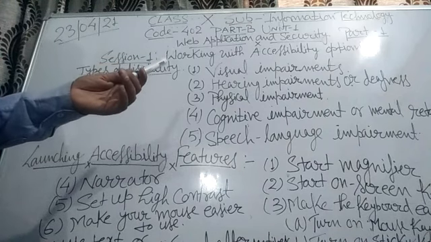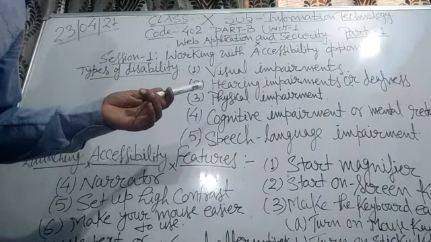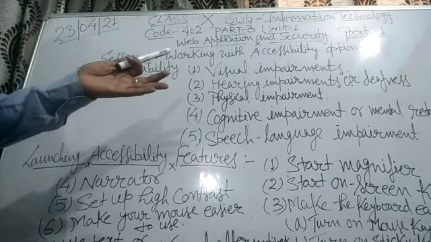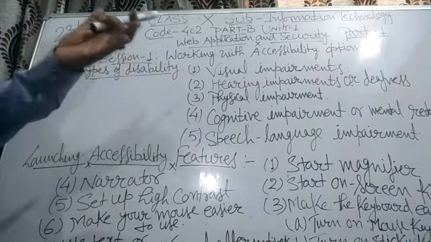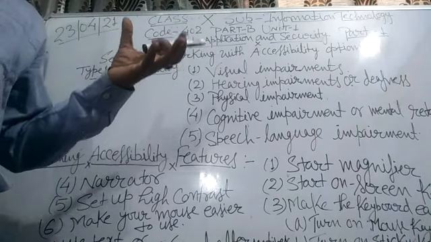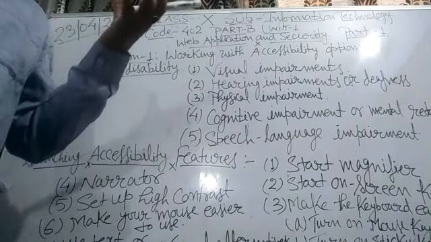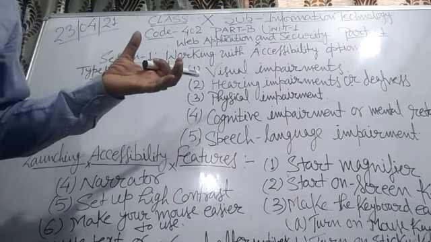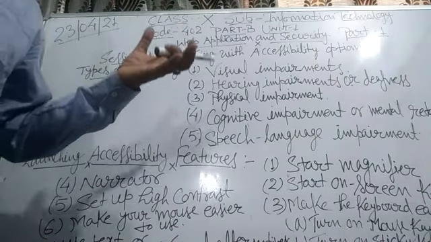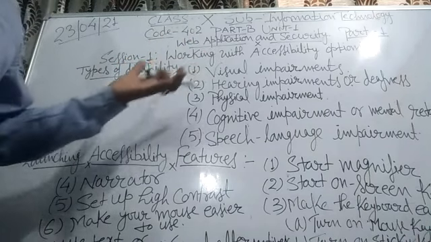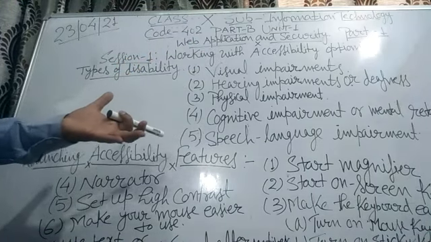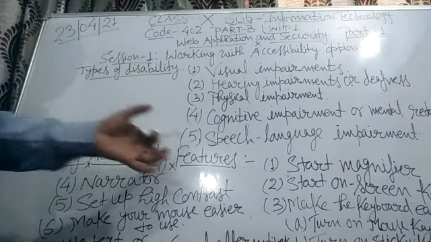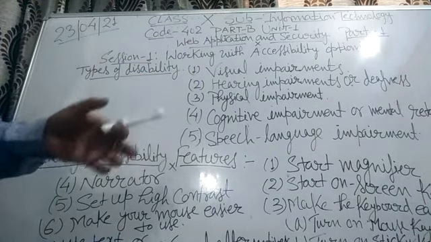People with low vision may use software that enlarges screen content. To launch accessibility, open the Control Panel, Ease of Access Center, options in the Windows operating system. You can attempt any of the following methods to access these features.